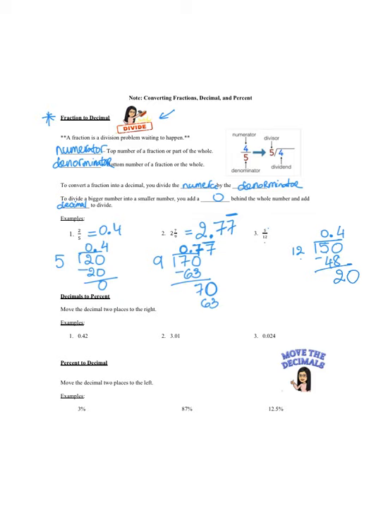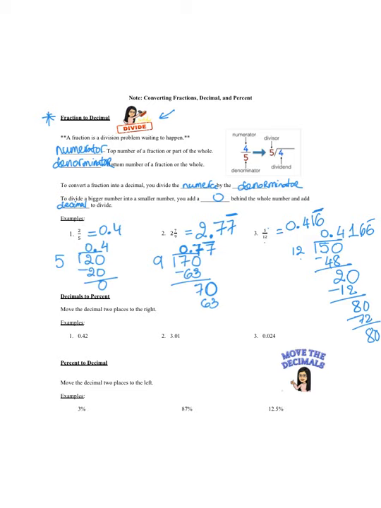How many times does 12 go into 20? Just 1, because 2 times 12 is 24. So 1 times 12 is 12. Put down the 8. 8, borrow 0. 80 divided by 12 is how many times? 6 times. 6 times 12 is 72. Oop, you're going to see a repeating decimal. So 5/12 will be 0.416666.